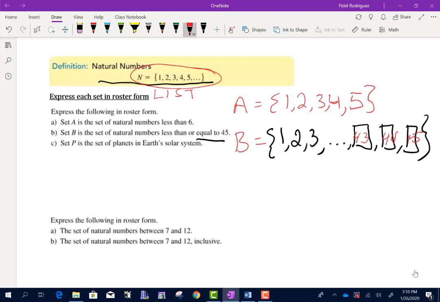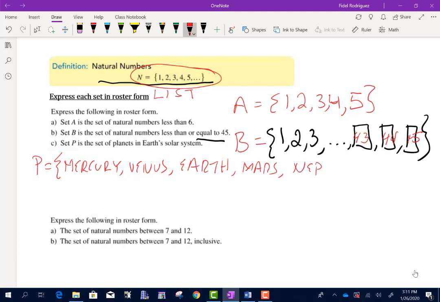All right. Now let's do part C, which is the letter P. The set of the planets in Earth's solar system. Whoa, man, this is probably like 4th grade. Let me see if I remember this. So let's see, we have Mercury, Venus, Earth, Mars, let's see, Neptune.